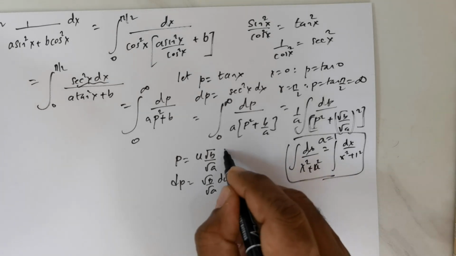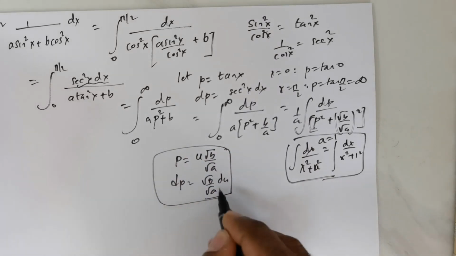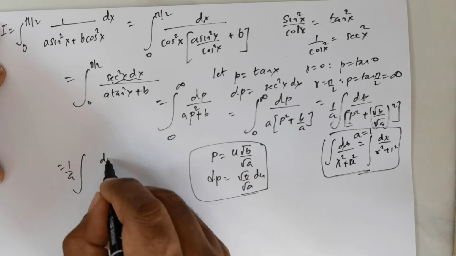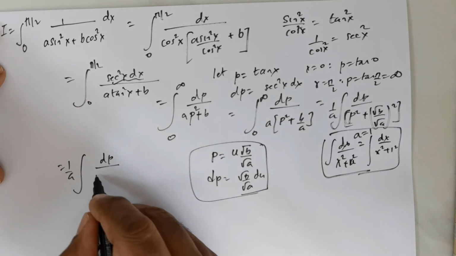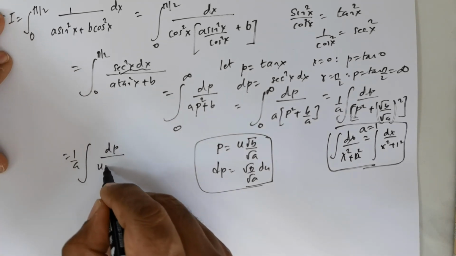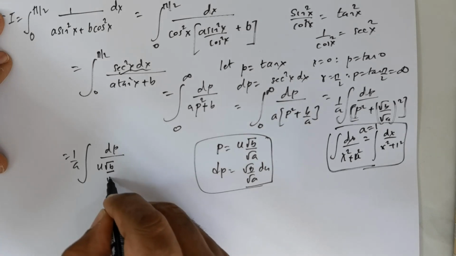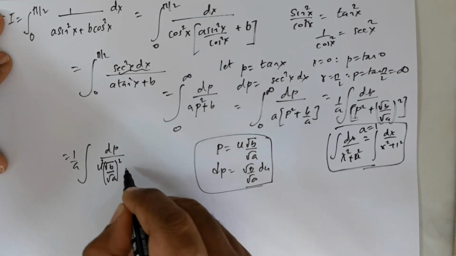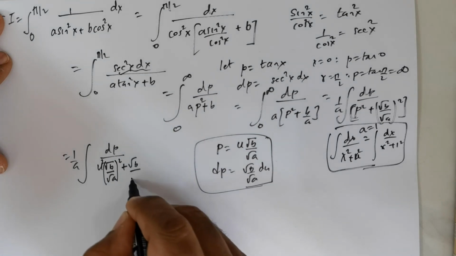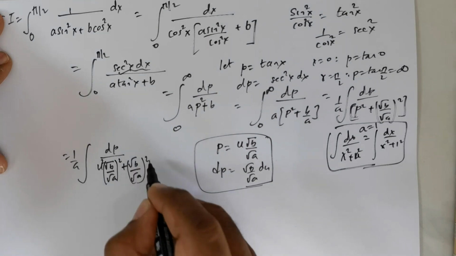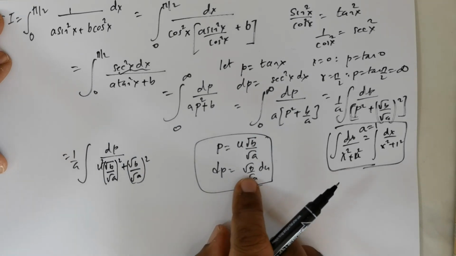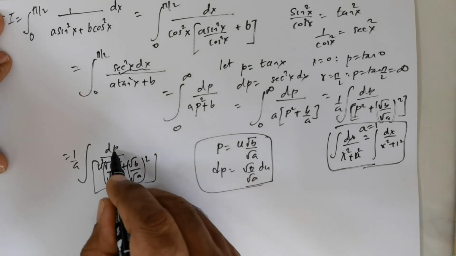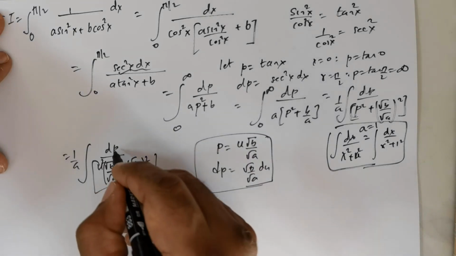If we substitute this over here, this is equal to 1 over a integral dp over, in place of p it's going to be u root of b over root of a, squared, plus root of b over root of a squared. Now since we are talking in terms of u, I will have to convert this dp to u.